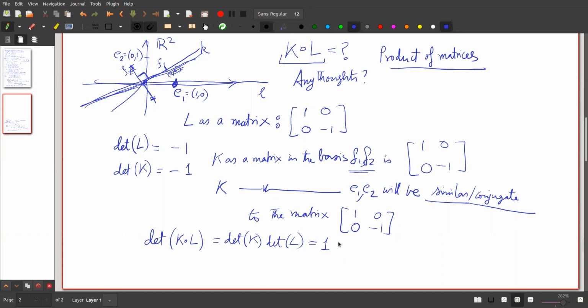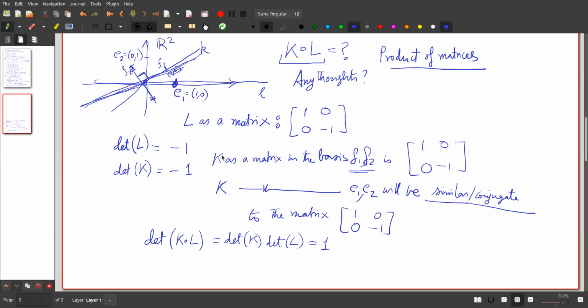So what it shows is that K compose L cannot be a reflection in a line, because any reflection in any line has determinant -1. Okay.